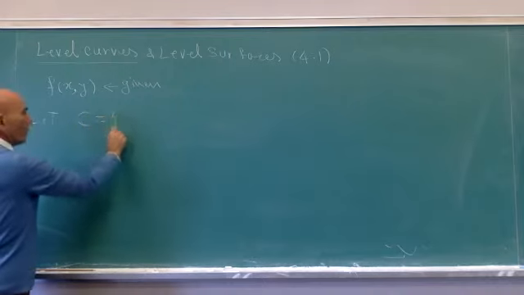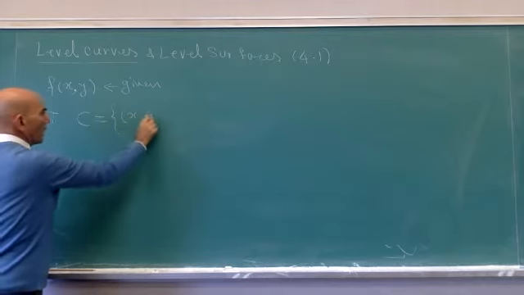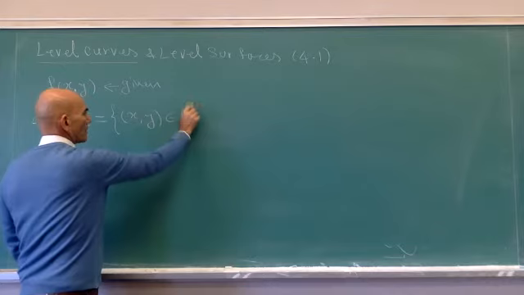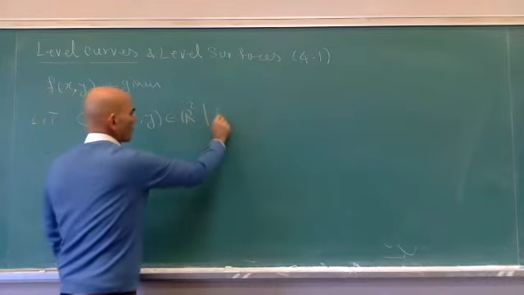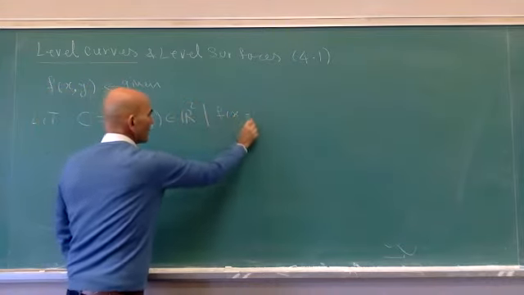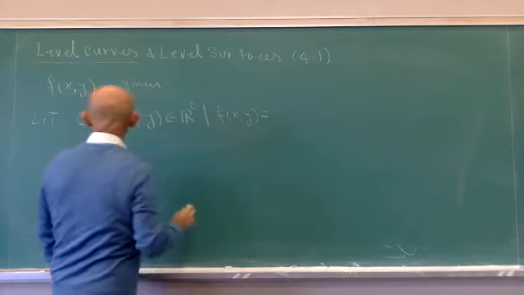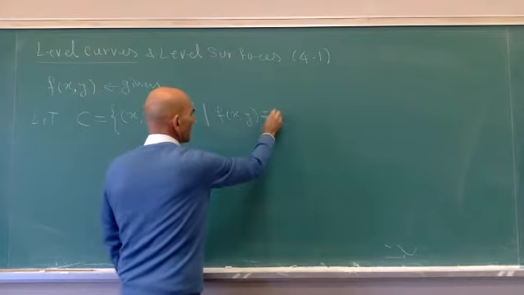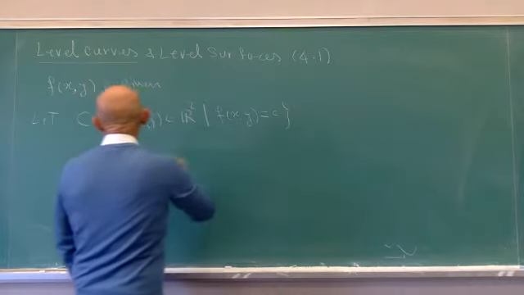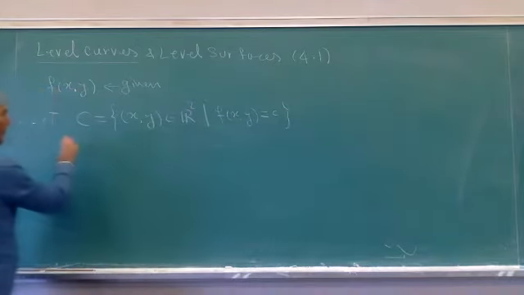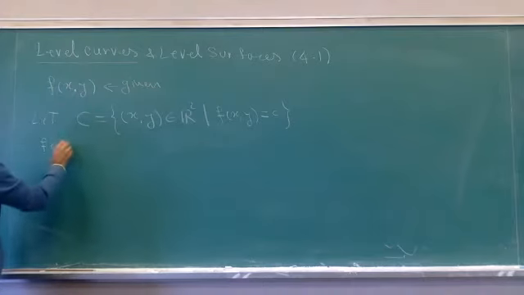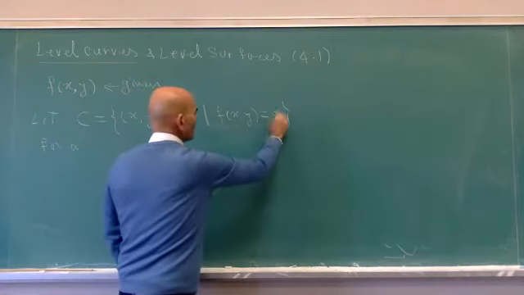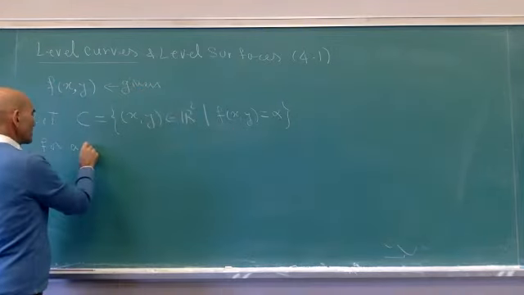C, the set of all points x and y in R2 such that f of x and y is equal to some constant, say, maybe little c. Maybe this is not a good idea, I'll call it alpha, for a given constant alpha.